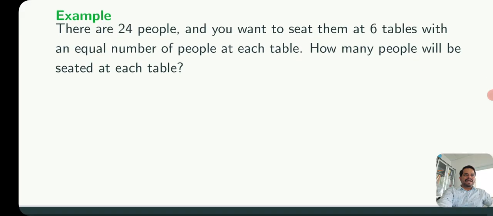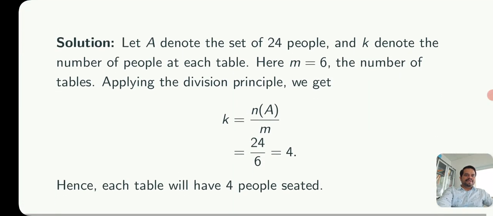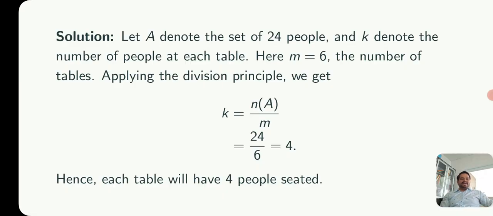Given that there are 6 tables, M is equal to 6. Using the division principle, you can write K is equal to n of A by M, which is equal to 24 by 6, and the answer is each table will have 4 people seated.